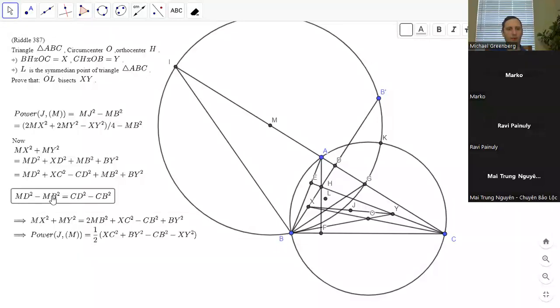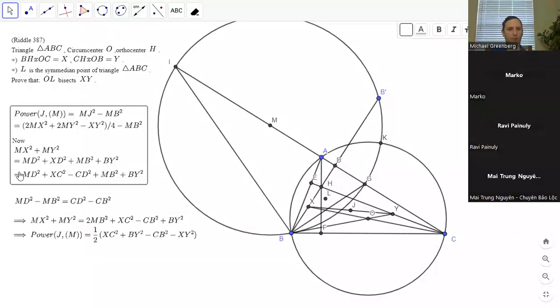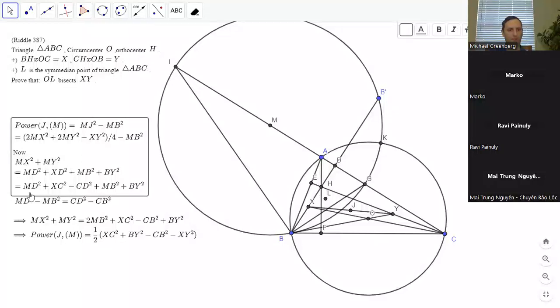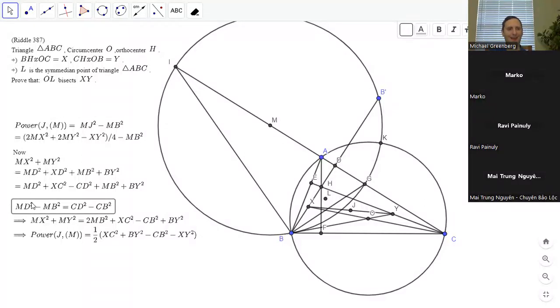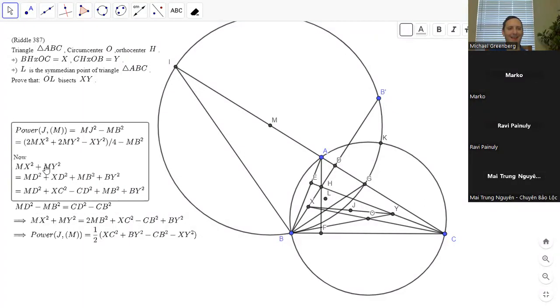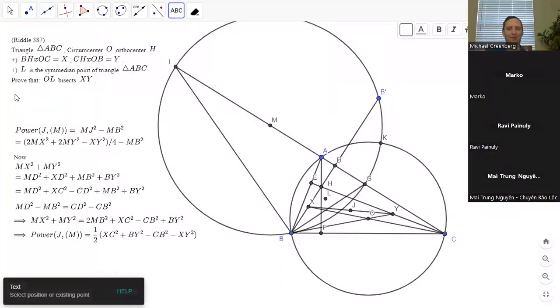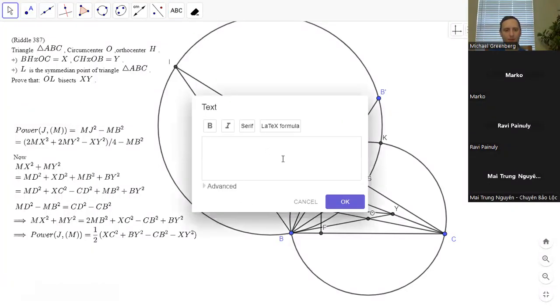So yeah, we're good. So I'm just gonna write up the full thing. That's cool. I'm glad we solved this. So by a well-known lemma, OL is the radical axis of the 3 Apollonius circles.